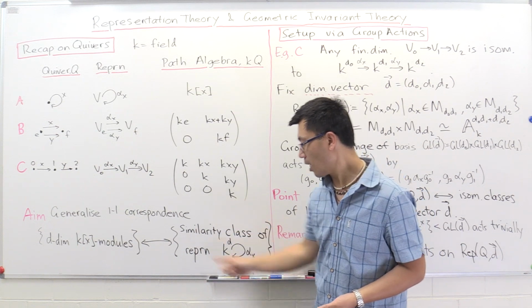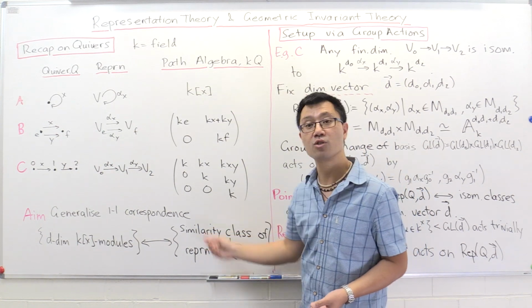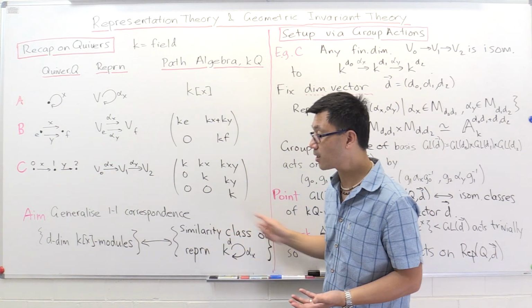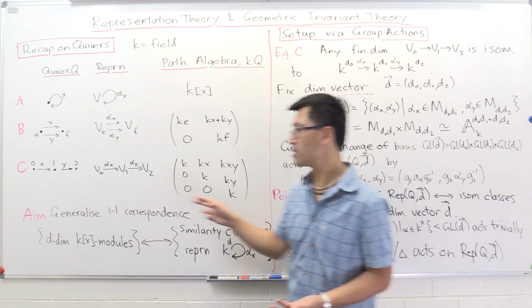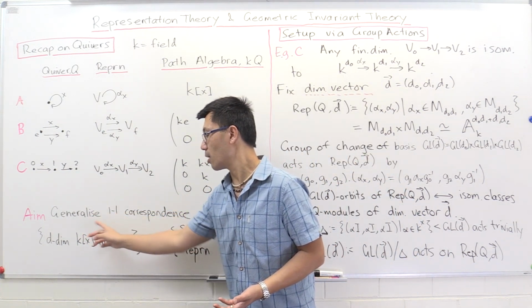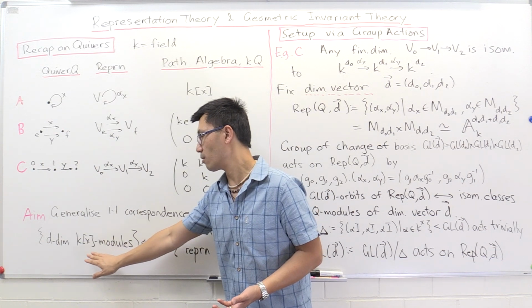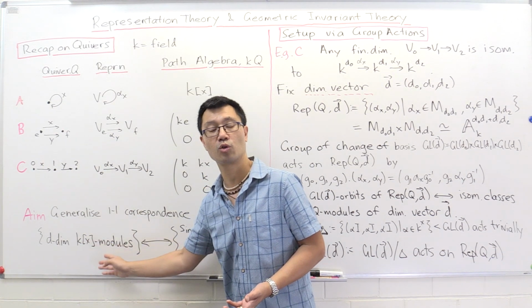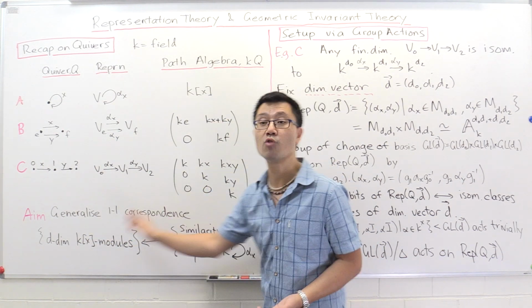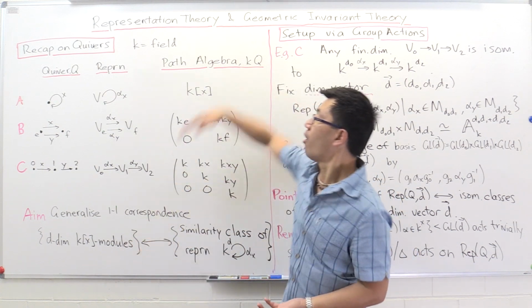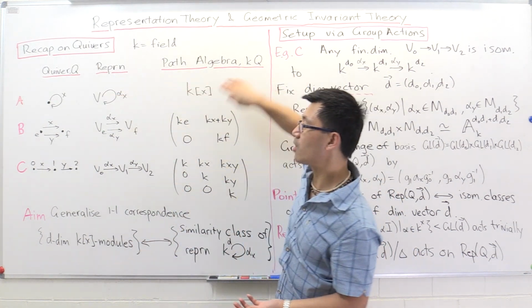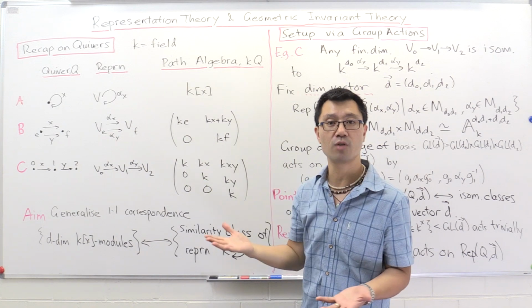So this is like when you want to look at linear algebra using the theory of Jordan canonical forms, you look at this, and if you want to look at it using the structure theory of principal ideal domains, sometimes it's good to look at it like this. So I want to generalize this correspondence from this situation here to both these situations and more generally.